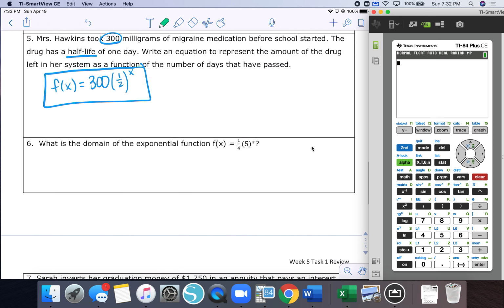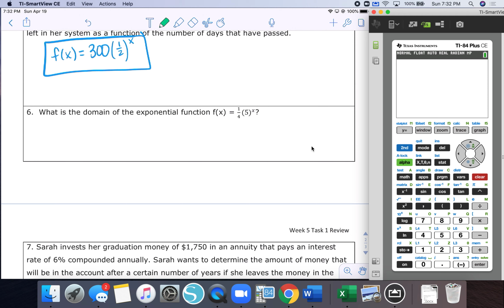Number 6, domain of the exponential function f of x equals 1/4 times 5 raised to the x. Remember, domain for all exponential functions is infinitely many, or you might see it as all real numbers.